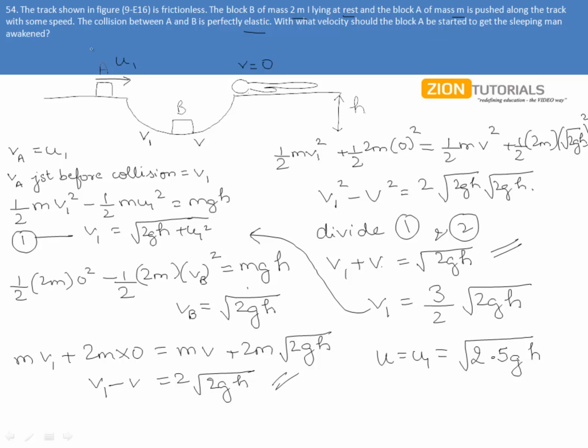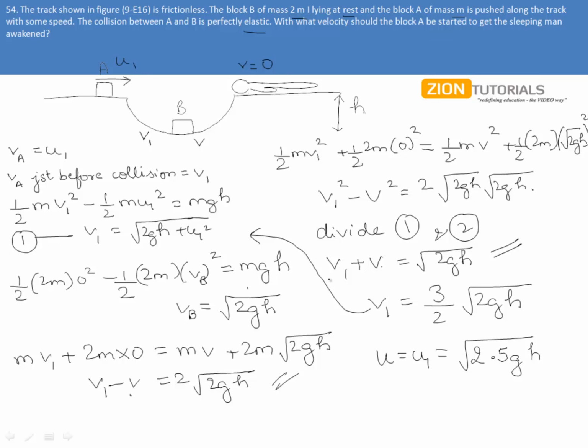So in this question, we found out the velocity of A before the collision, that is here. Then we found out the velocity of B after the collision, with which we found out the momentum conservation, giving us the relation between v1 and v.